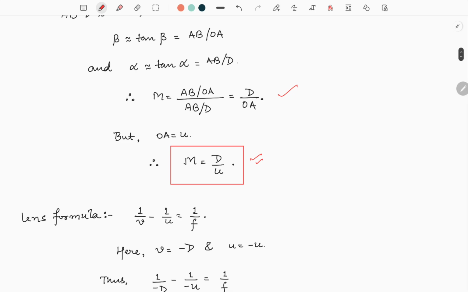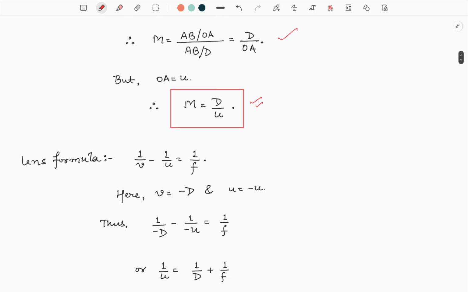We can also express this formula using the lens formula. In the lens formula, 1 by V minus 1 by U is equal to 1 by F. Here V is equal to minus D and U is equal to minus U with sign convention.